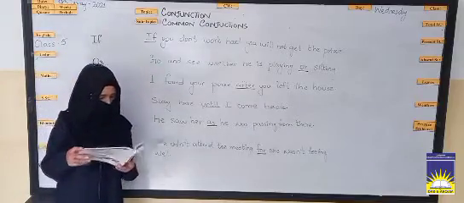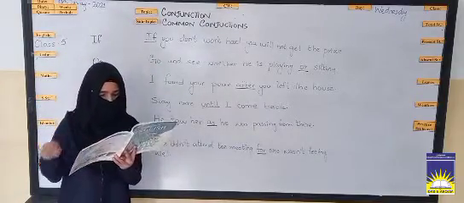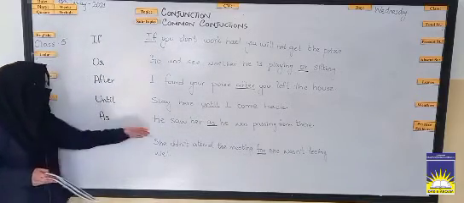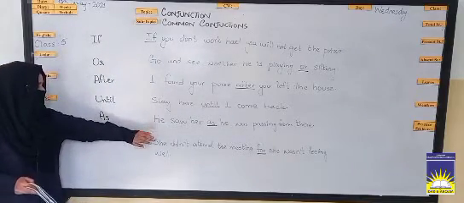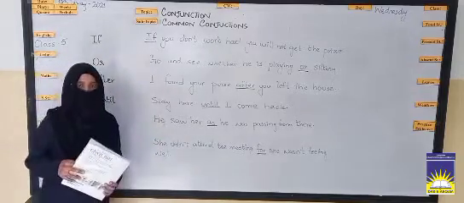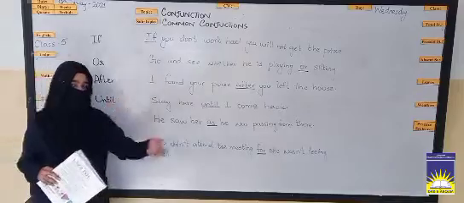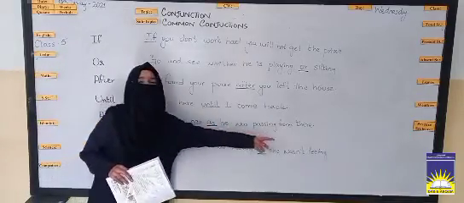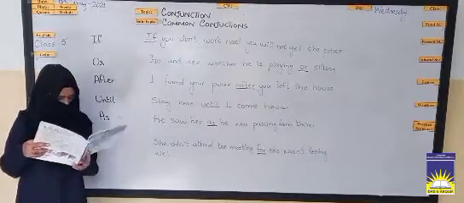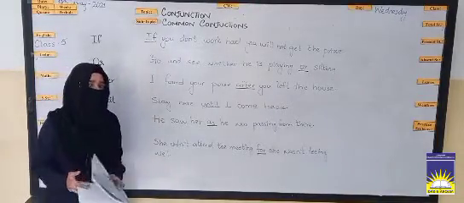Like an example is given to you, he works in the same office as my sister. Okay, this is another example that you can see: he saw her as he was passing from there. He saw her while he was passing from there, okay. Now you can see here how as is used in the place of while.